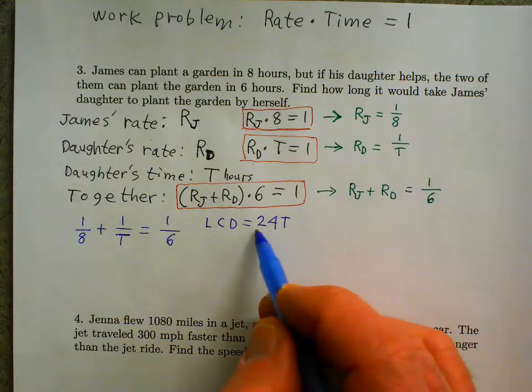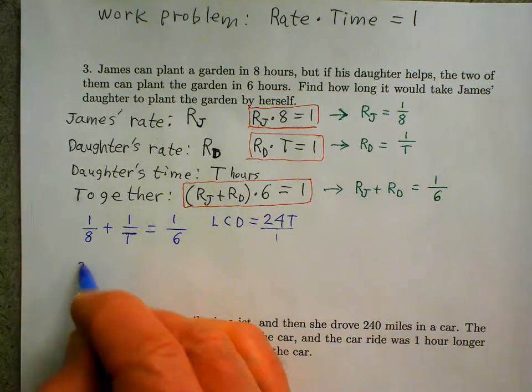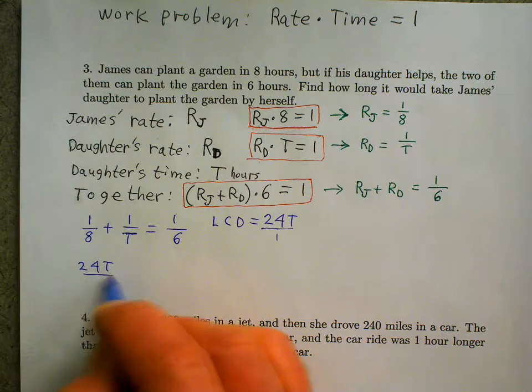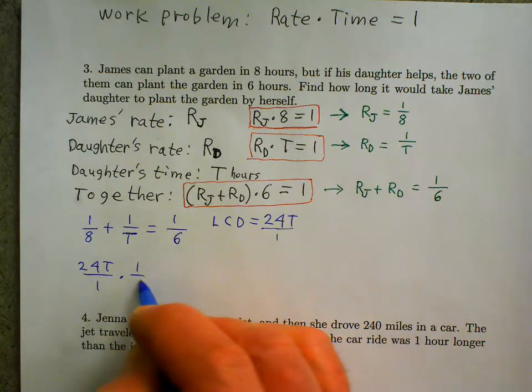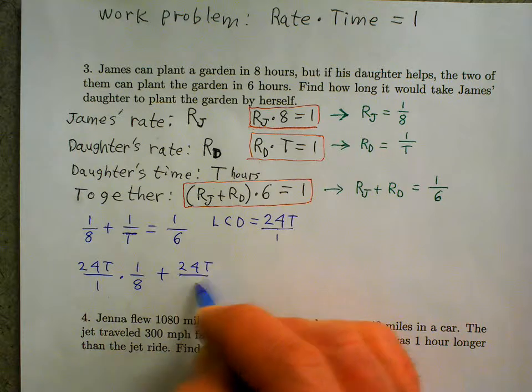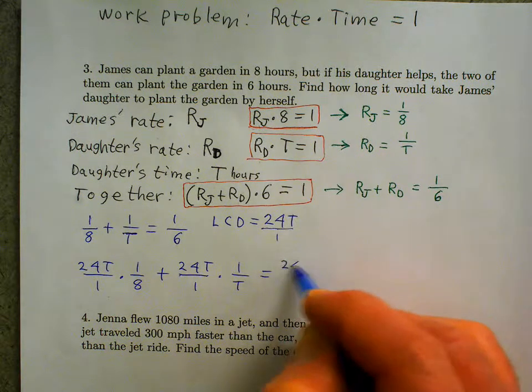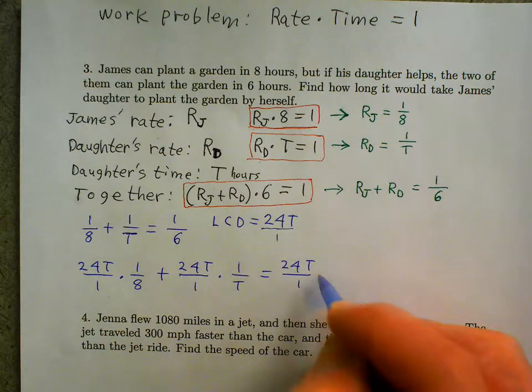You can think of this as 24t over 1 if it helps. So 24t over 1 times 1/8 plus 24t over 1 times 1 over t equals 24t over 1 times 1/6.